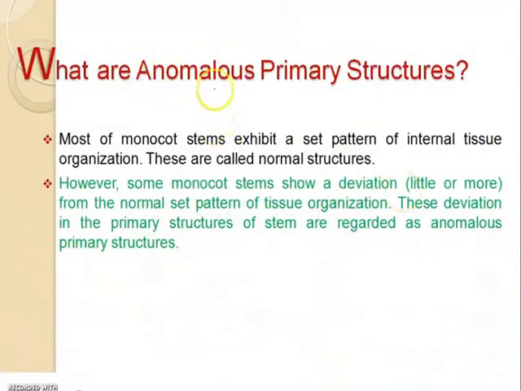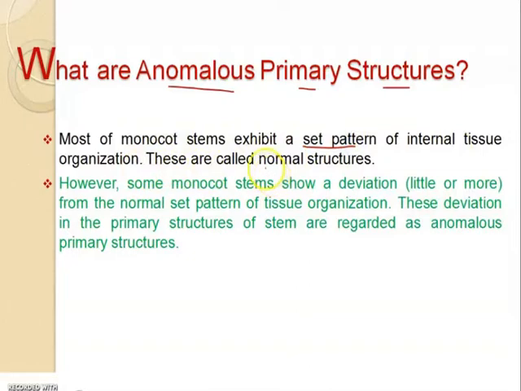Now, what are anomalous primary structures? Before discussing the anomalous secondary growth, we should know about the anomalous primary structures. Most monocot stems exhibit a set pattern of internal tissue organization.